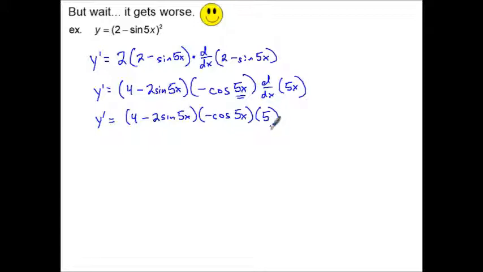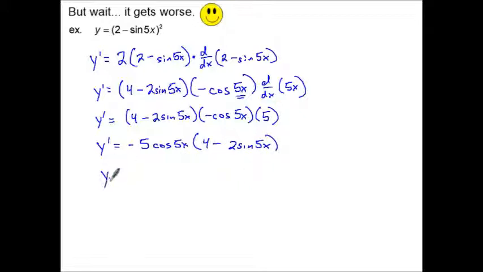Alrighty, so we do have kind of a yuck sort of situation here, and we're going to clean it up a little bit. I'm going to bring this negative 5 cosine 5x out in front to maybe help show what's going on here. Negative 5 cosine 5x, and then we're eventually going to distribute that into the 4 minus 2 sine 5x. So all I really did here is rearrange things a little bit.